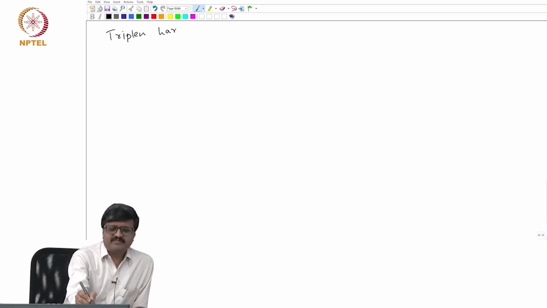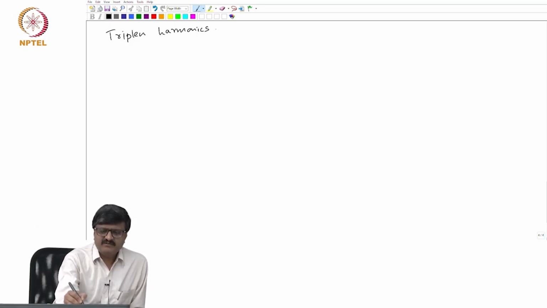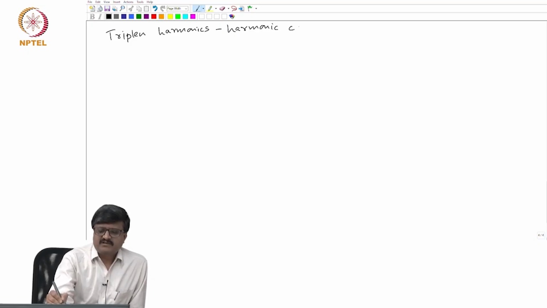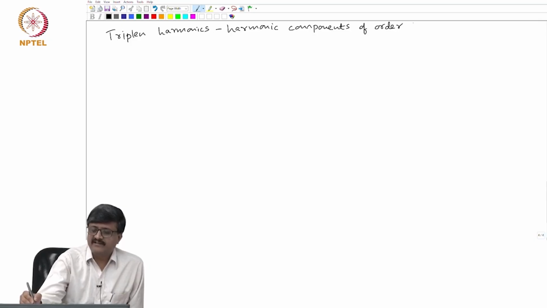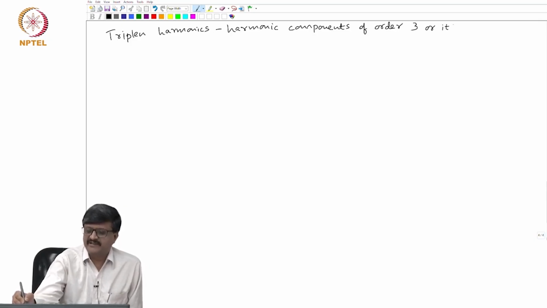Triplen harmonics play an important role in power systems which are 3-phase systems. Triplen harmonics are harmonic components of order 3 or its multiples.